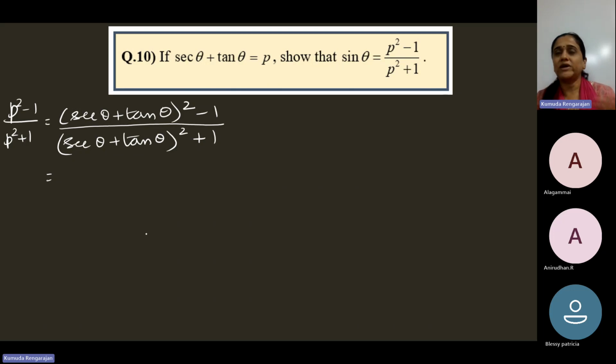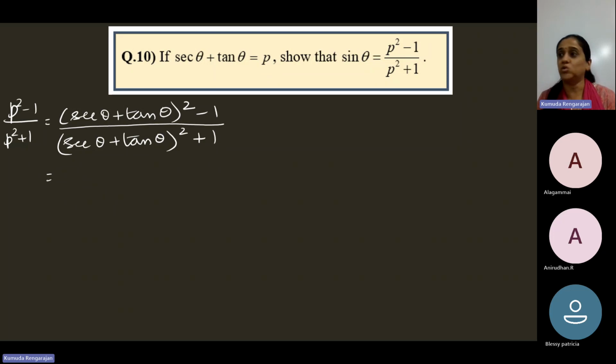We'll expand. We'll not do a square minus b square is a plus b into a minus b, because when we do that, the numerator is like a square minus b square, secant theta plus tan theta, the whole square minus 1 square. But if you write it as a plus b into a minus b, you will get secant theta and tan theta only.